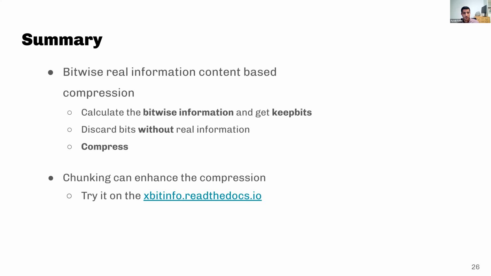And bit rounding the chunks before compression can enhance the compression by getting more details where needed without taking up more disk storage. And if you have a dataset and are curious to know if you can enhance its compression, try it on xbitinfo.readthedocs.io. And this is my last slide.